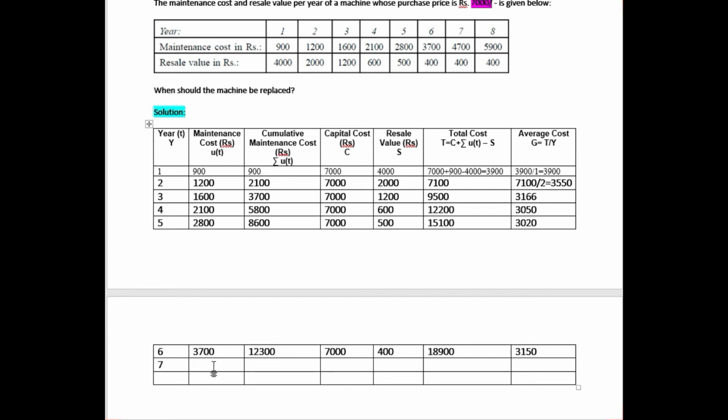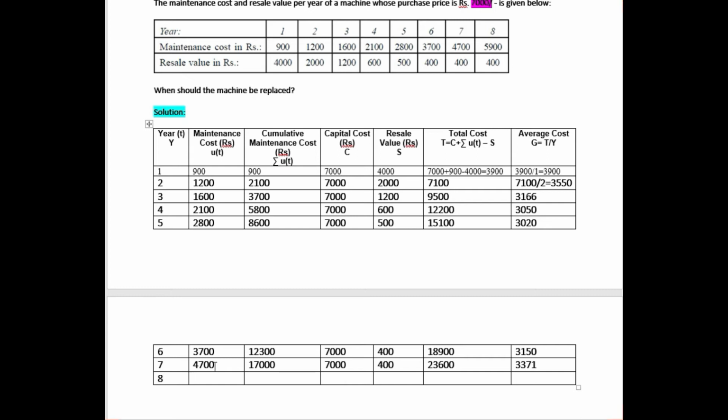For seventh year, the maintenance cost will be 4700, and the cumulative maintenance cost will be 17000, capital cost 7000, resale value 400, total cost 23600, and the average cost 3371.